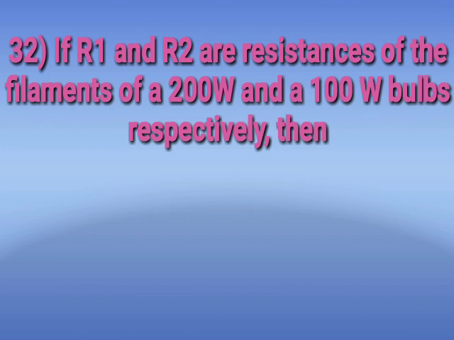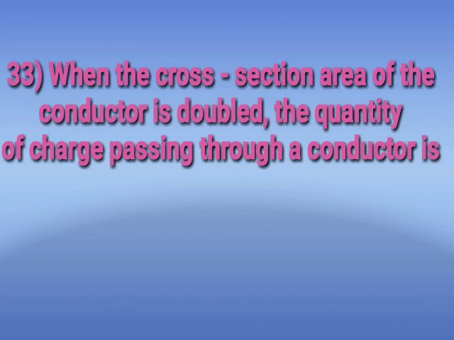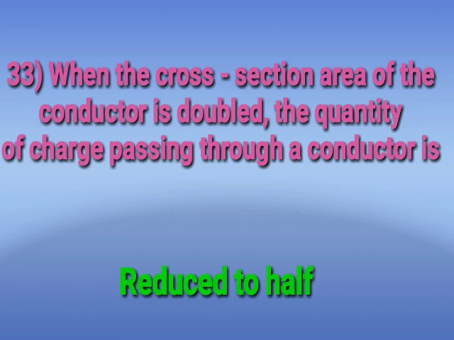If R1 and R2 are resistances of the filament of a 200 watt and a 100 watt bulb respectively, then R2 equals 2 R1. When the cross-section area of the conductor is doubled, the quantity of charge passing through a conductor is reduced to half.